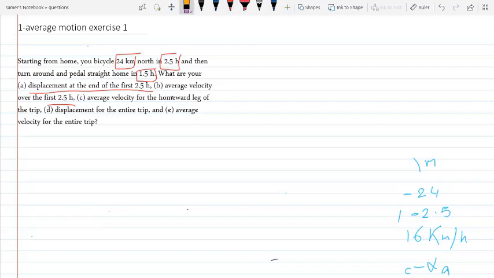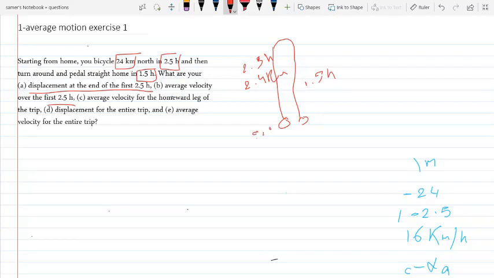You are here, for example, you go north 24 kilometers in 2.5 hours, and then you turn around and pedal straight home in 1.5 hours.